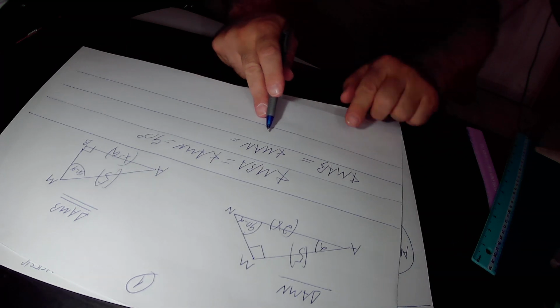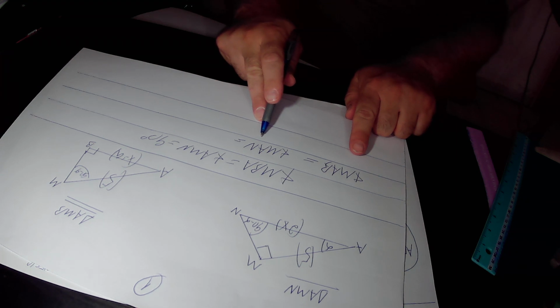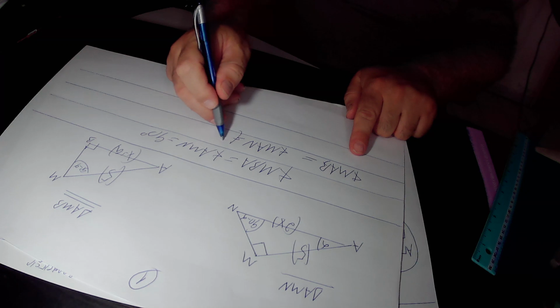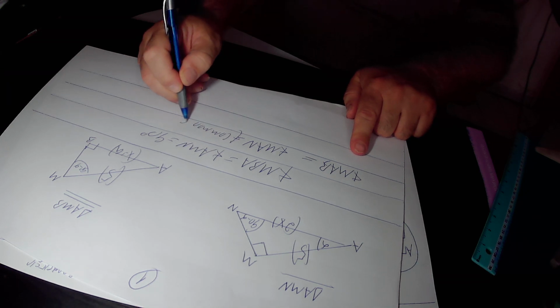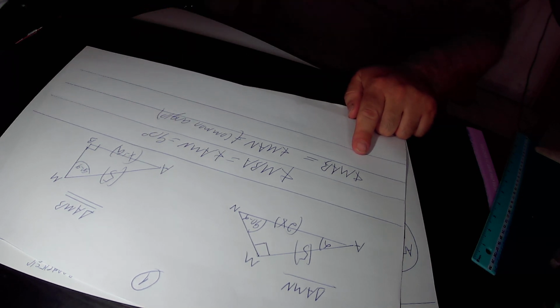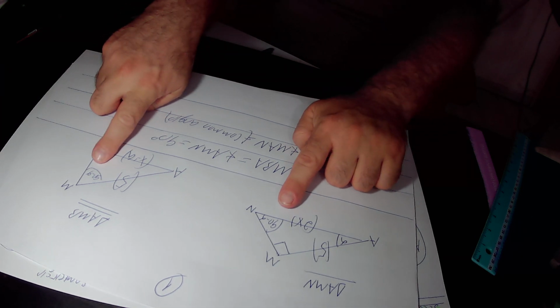So this equation means that angle A equals itself. We just call angle A two different names. Angle A equals itself as a common angle that belongs to both triangles. And finally, those two angles are both equal to 90 degrees minus alpha, therefore they are equal to each other.